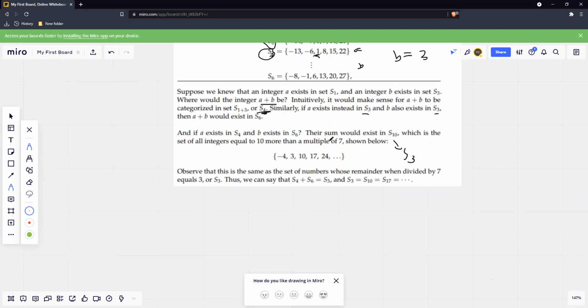As 10 is 3 more than a multiple of 7. This is basically the remainder 3. So thus we can say S4 plus S6 is equal to S10, but it's also divided by 7, so we can subtract 7, we get 3. Then set of 3 is equal to set of 10 equals set of 17. Okay.